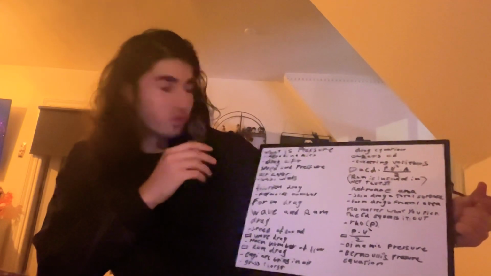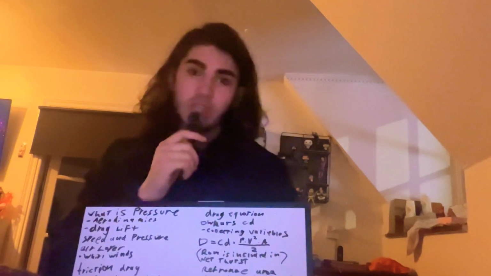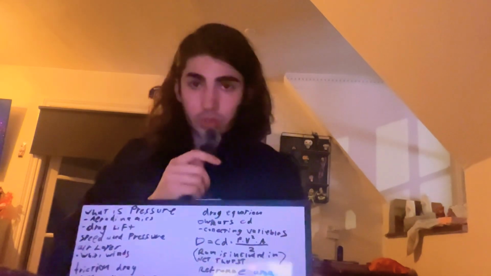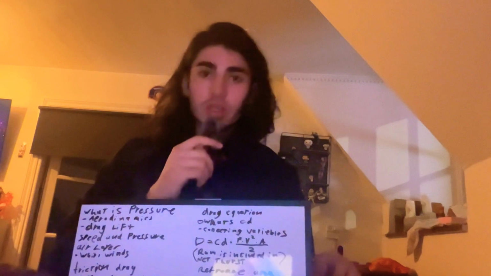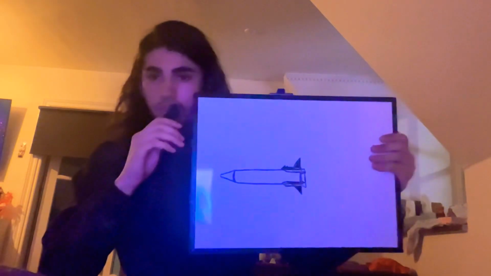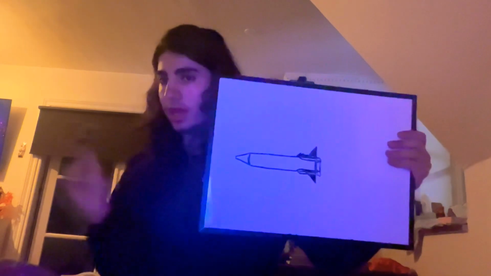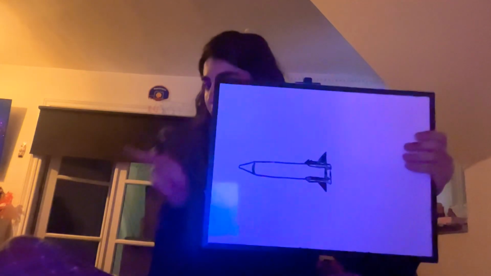And what is drag? Drag is how much the object is being slowed down from its trajectory or thrust. So if we have like a rocket here, right? So this rocket is wanting to move that way, right?